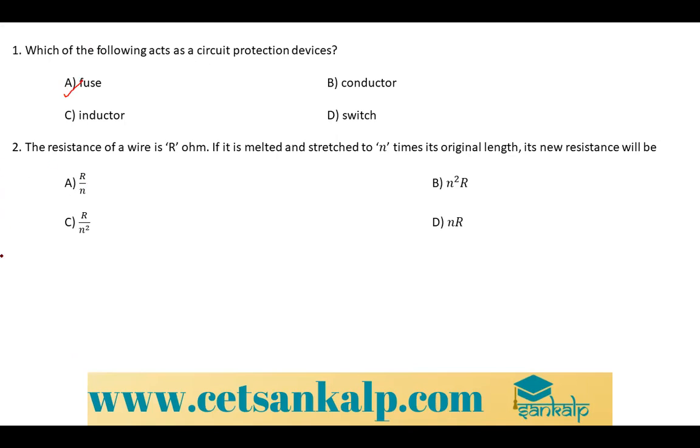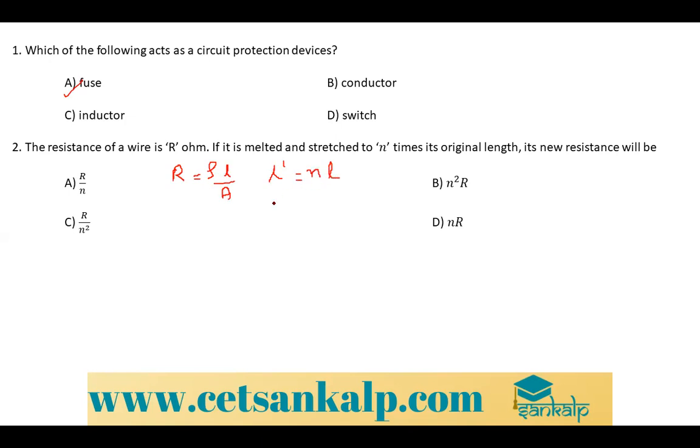Okay, so next we'll see the second one. The resistance of the wire is R ohm. If it is melted and stretched to n times its original length, its new resistance will be? As you all know, R is equal to rho L divided by A. Since there is stretching of the length, L dash is equal to nL.